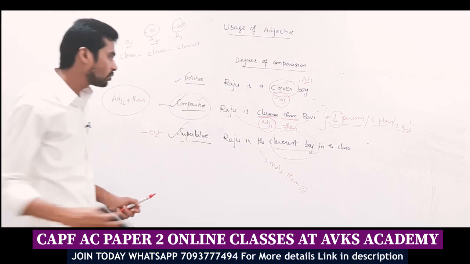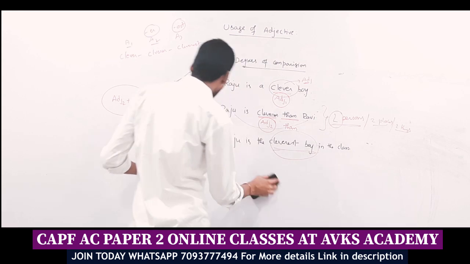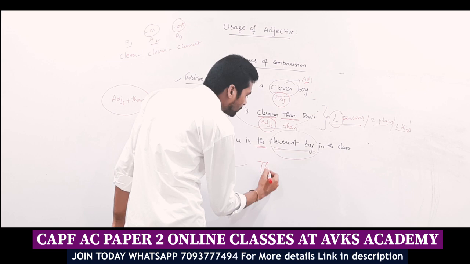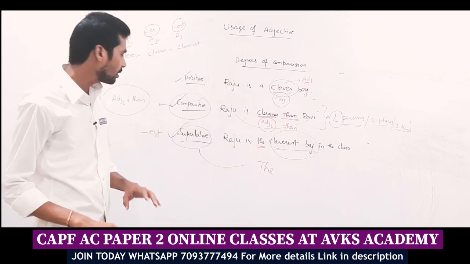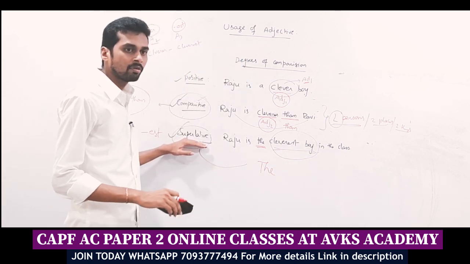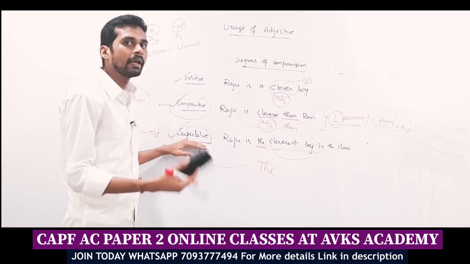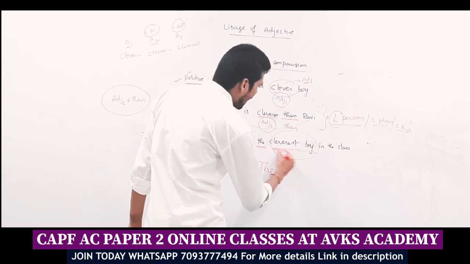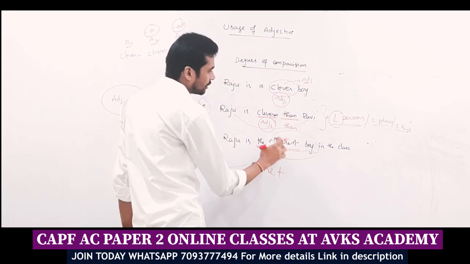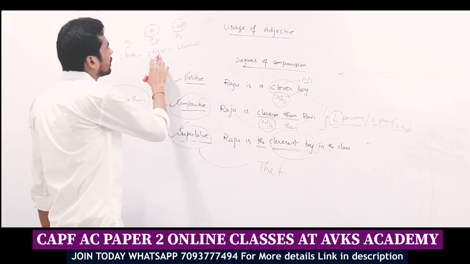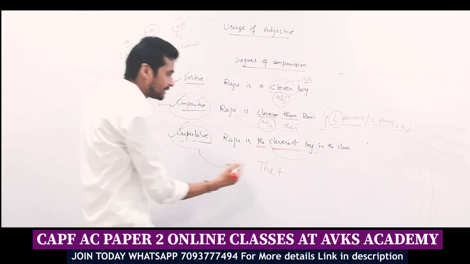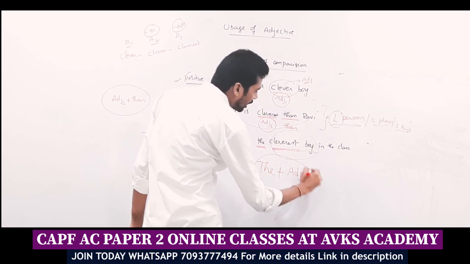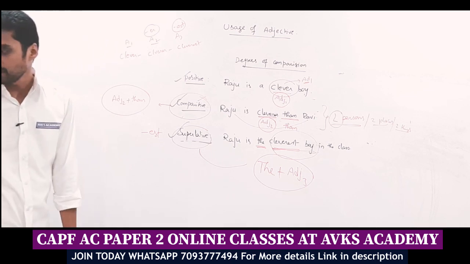And the structure for this: whenever you say something in the superlative sense, the article the must be used, and after that the adjective, clever, cleverer, cleverest. That means adjective third form. The plus adjective third form must be used.